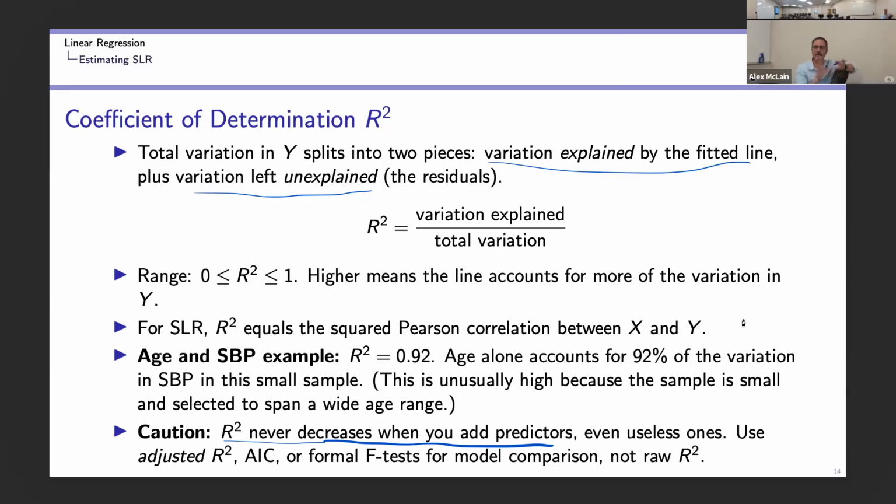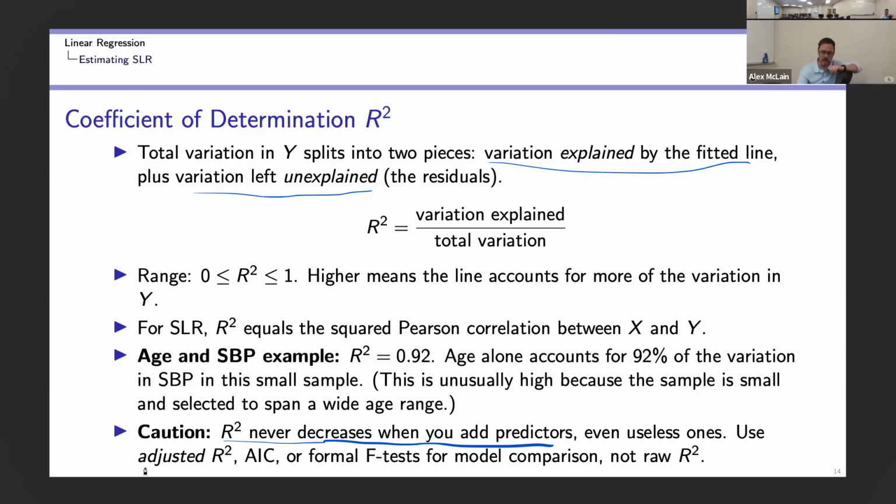Well, let me think about it. No, probably not. But if we throw that into our model, our R squared is not going to go down. So if it was 0.92 with just age, it's not going to go to 0.9 when we add a predictor. It's going to be at least 0.92. So R squared is never going to go down when we add an additional predictor.